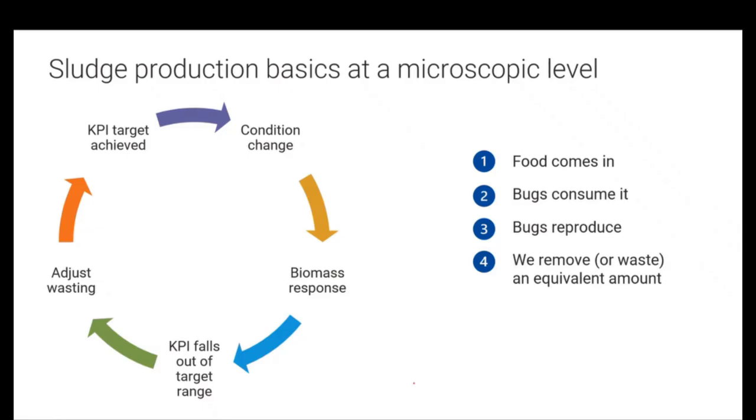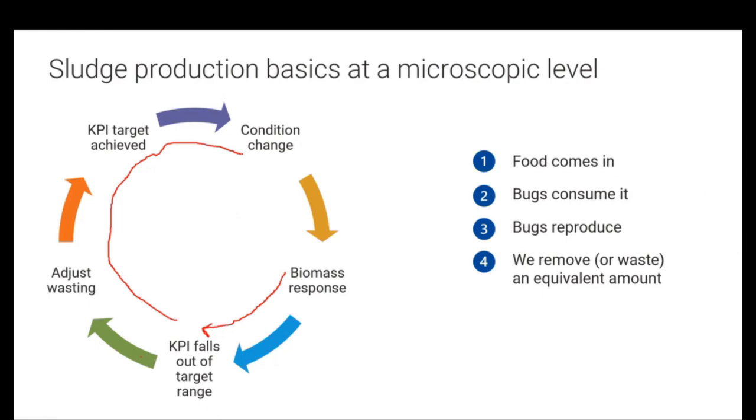That's where you get this circle over here on the left, where we really have our biomass response, where maybe we have an increase in BOD coming in, our mixed liquor maybe goes up, we adjust our wasting, and then we get to our SRT target, to which another condition change happens.